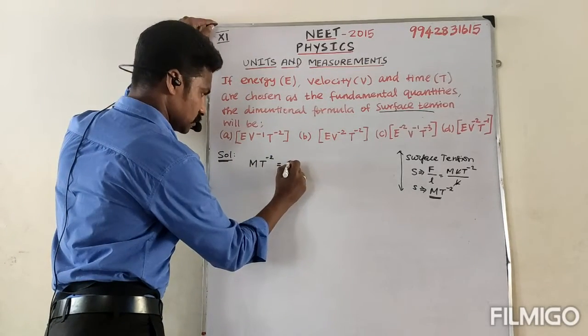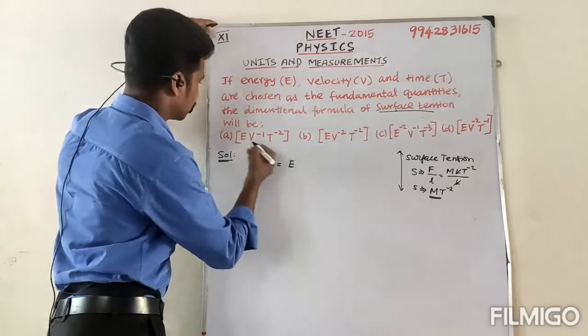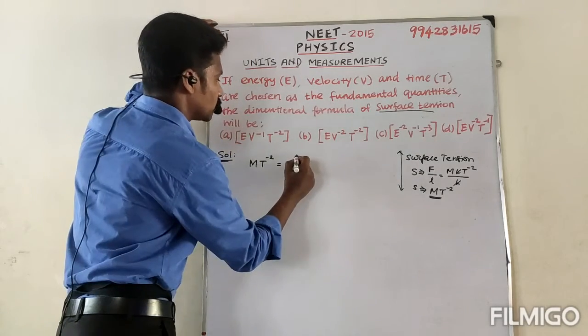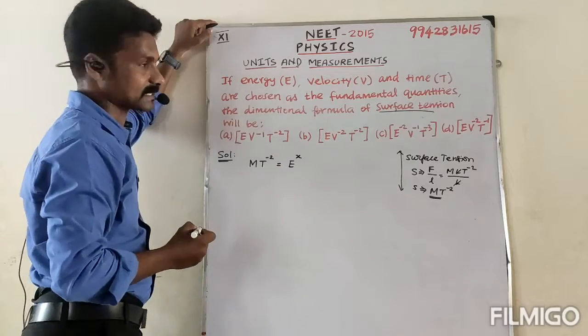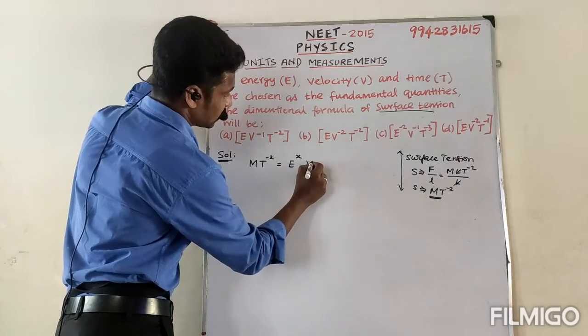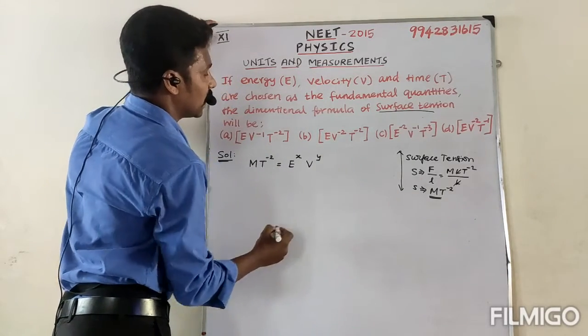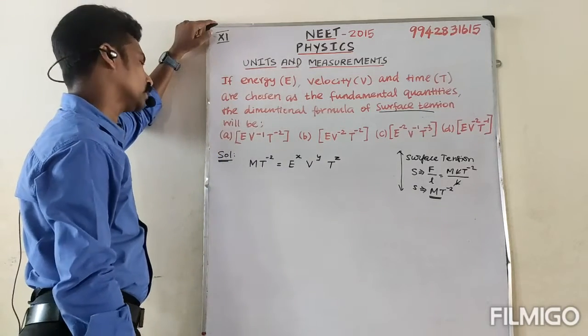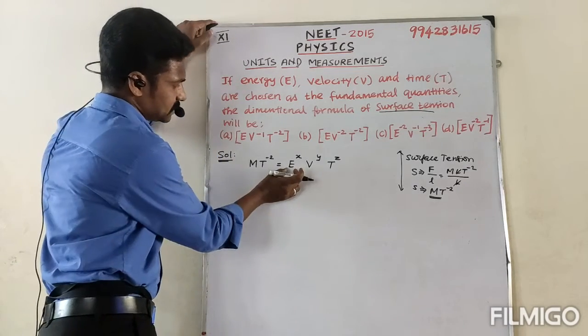I don't know the powers, because all the options have some power, so I simply take x for energy, y for velocity, and z for time.